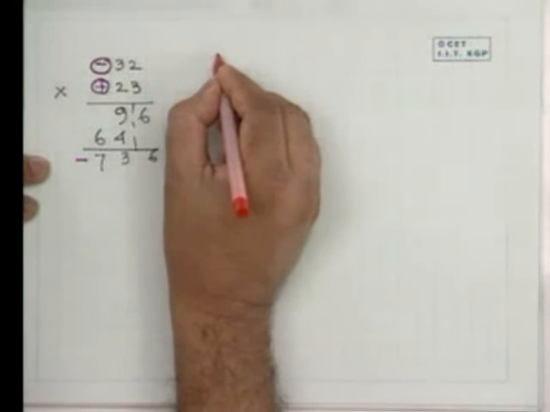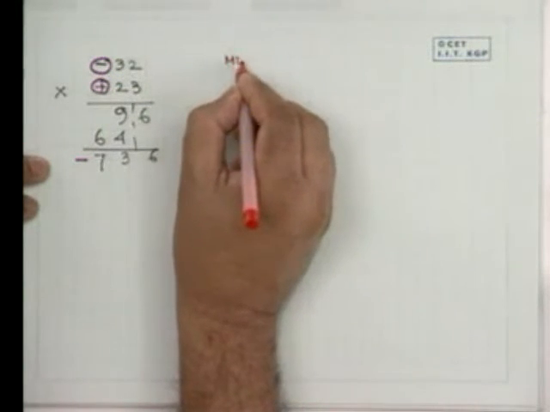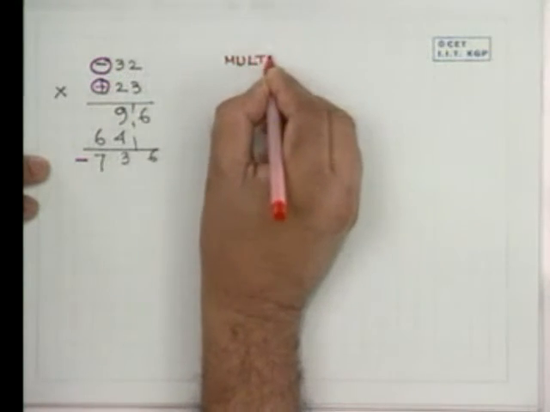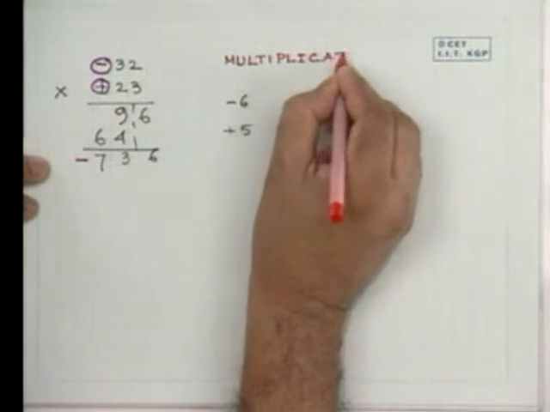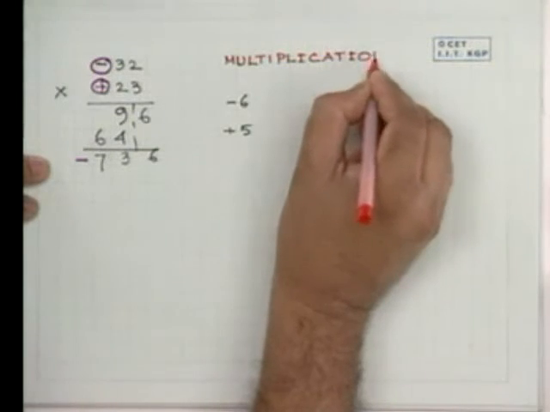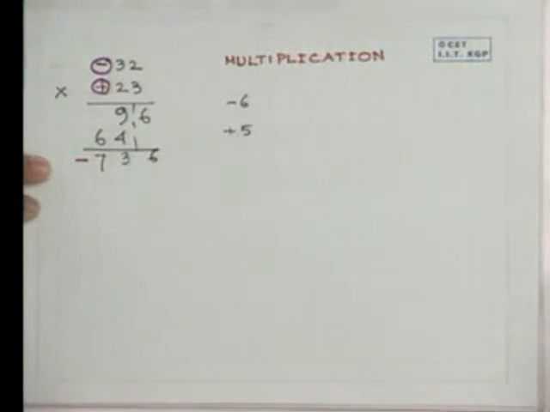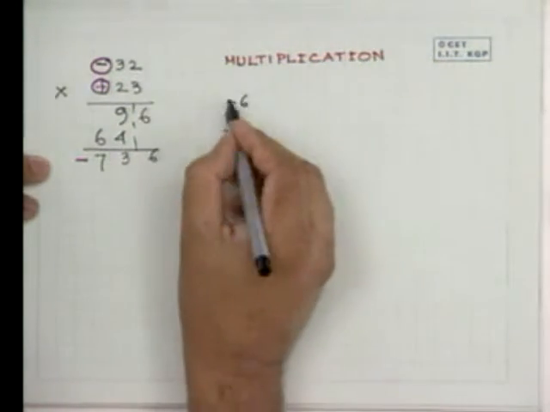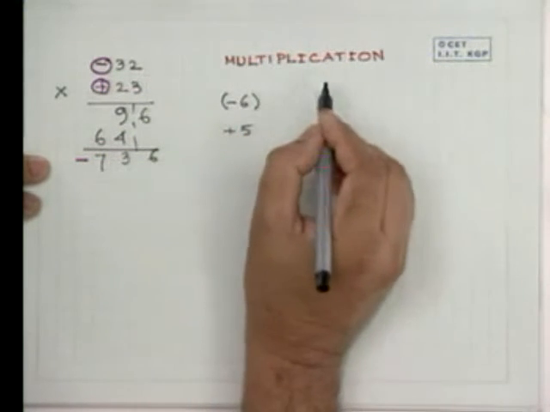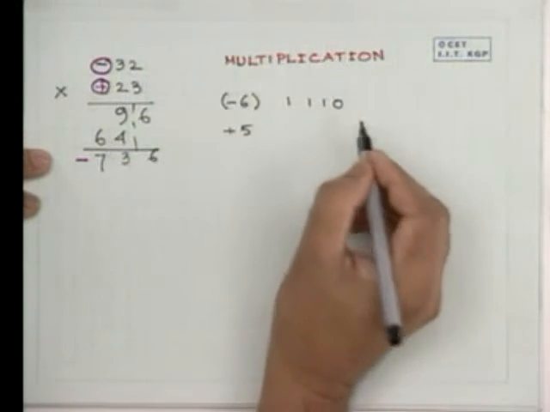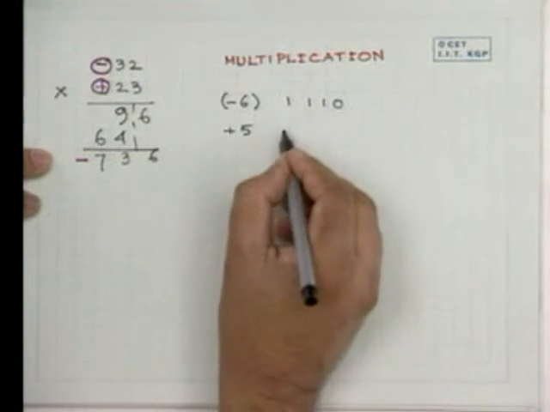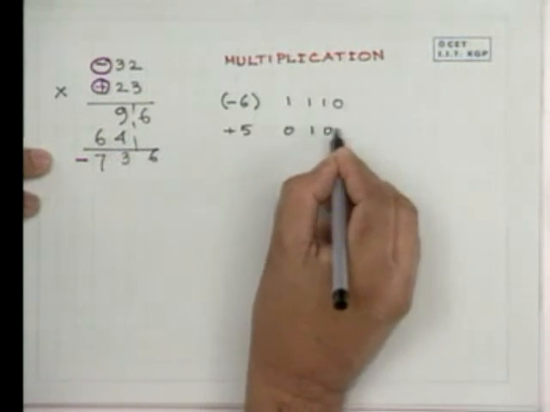What we are trying to do is binary multiplication. Now, minus 6 will be represented in sign magnitude form as 1, 1, 1, 0, and plus 5 will be 0, 1, 0, 1.